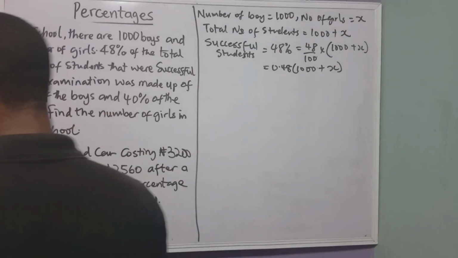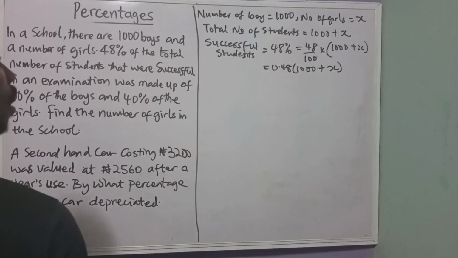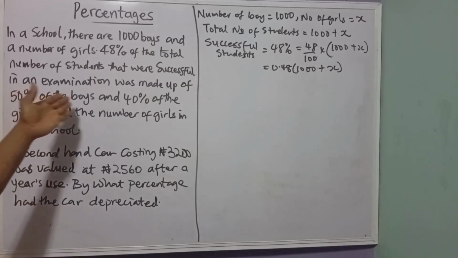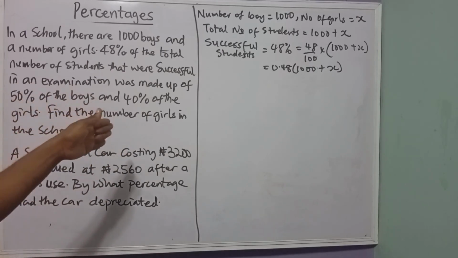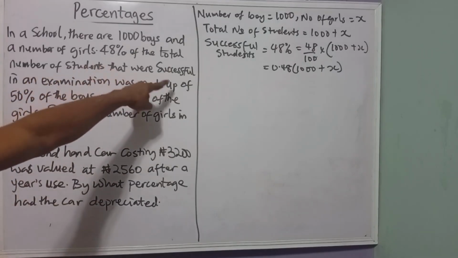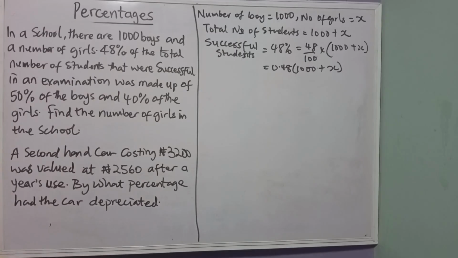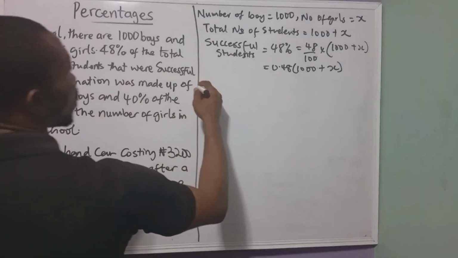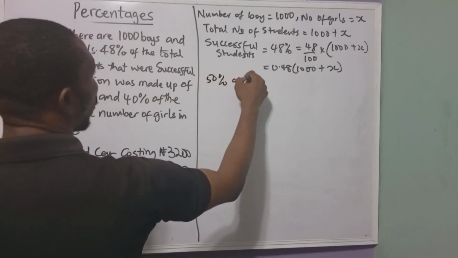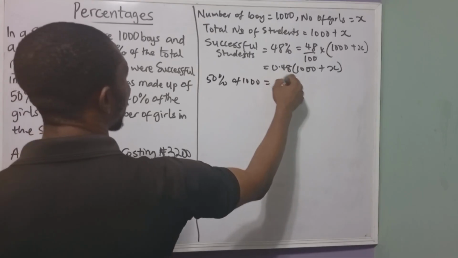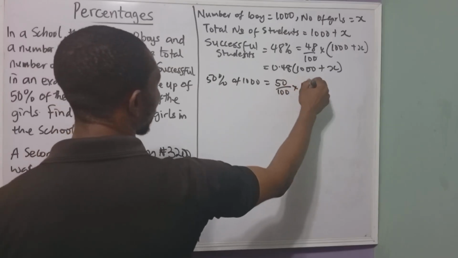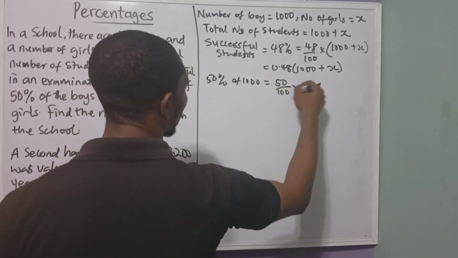Now the next line of the question says 50% of the boys were successful. So 50% of 1000 will become 50 over 100 times 1000 over 1. 0 cancels 0.